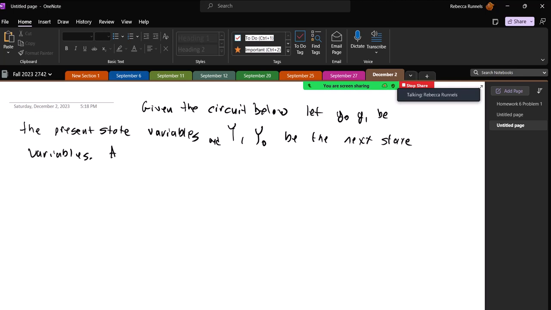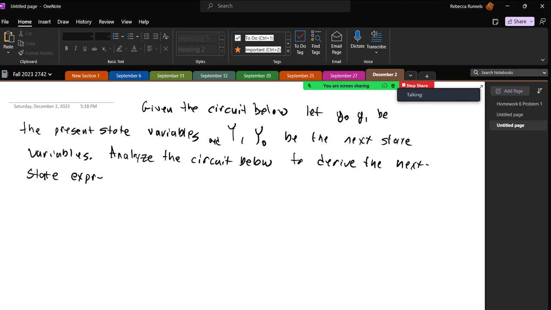Analyze the circuit below to derive the next state expressions, the output expression, and construct the corresponding state assigned table. We're probably going to do a state diagram too.